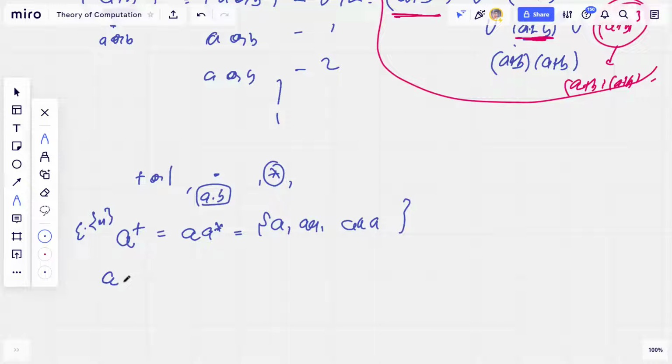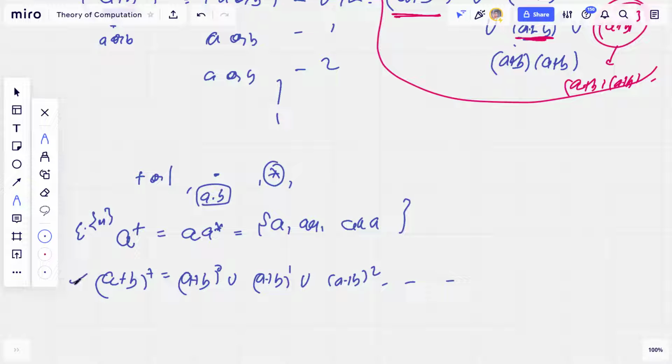Similarly, (A plus B) power plus will be, informally, (A plus B) power 1 union (A plus B) square, and so on and so forth.